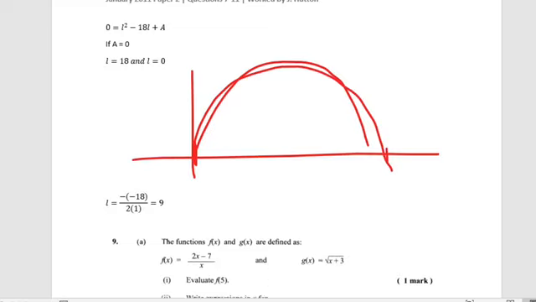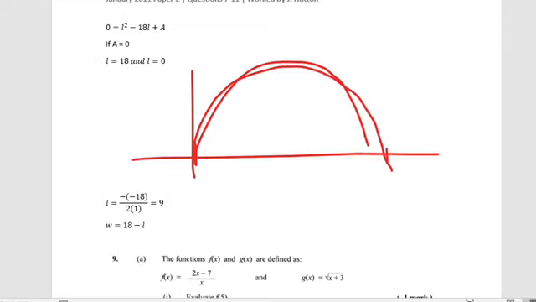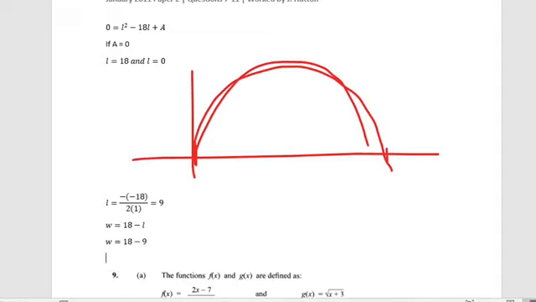Now that we know what length is, remember from our formula, W was equal to 18 minus L, and we know what L is now, so we can put that in. So W is equal to 18 minus 9, and when you do that, W is equal to 9.